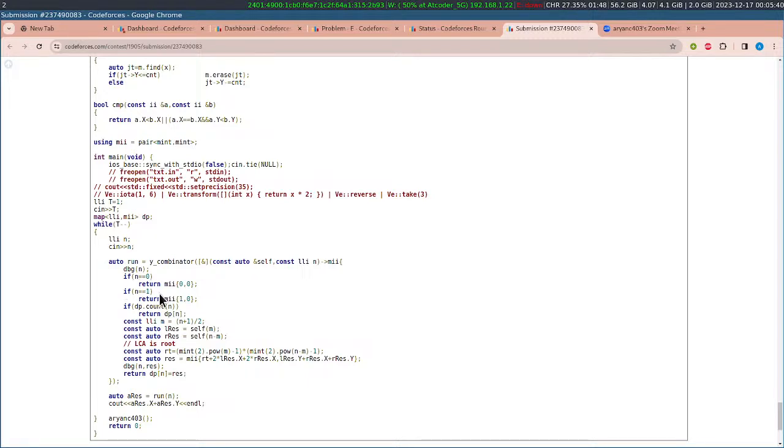If the number of nodes is 1, I am returning a pair of integers, where the first part denotes a and the second part denotes b in our function ax plus b. So if there is only one node, the sum of LCAs would be, a would be 1 and b would be 0, ax plus 0. If x is 5, the sum of LCAs would be 5. If x is 10, the sum of LCAs would be 10.